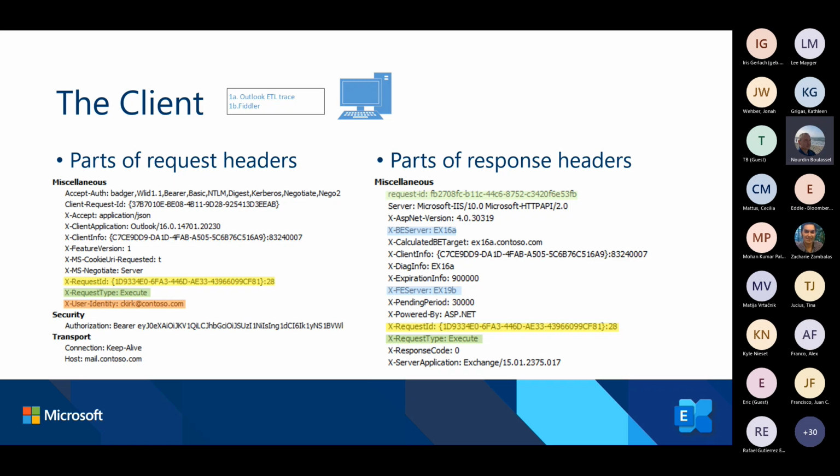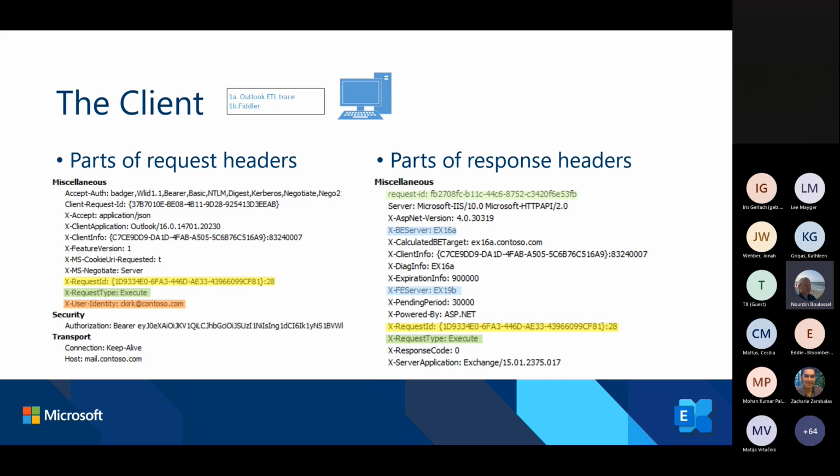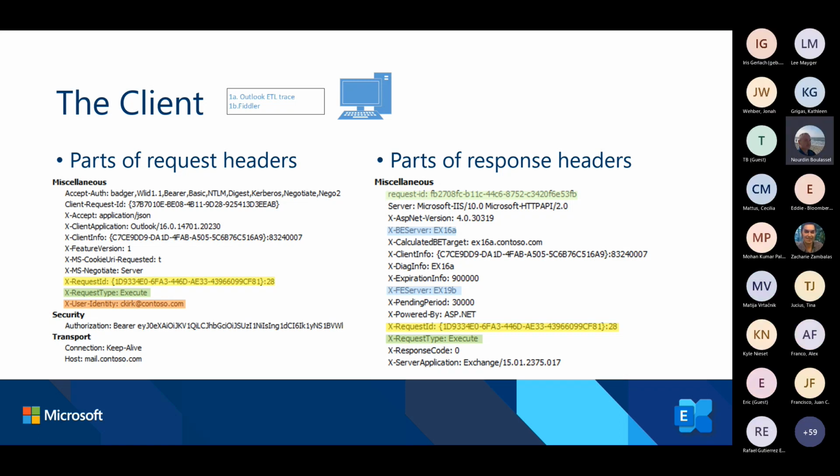So what was I actually talking to? Where's my mailbox? Where's that mailbox that I was accessing here? You'd also see the front-end server that we were communicating with directly. There might have been a load balancer, but you can see that this one definitely goes in here for a server called EX19B. And then you see again the X request ID with the sequence number of 28, and of course, X request type.